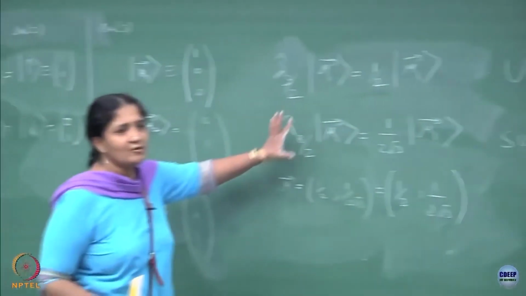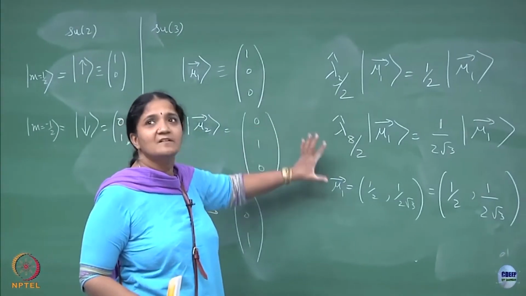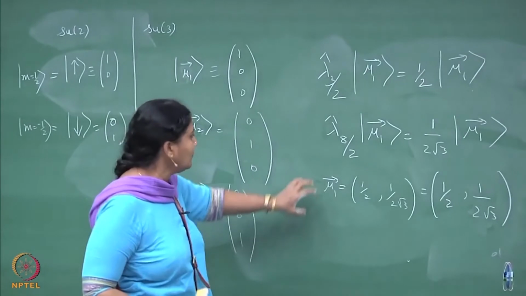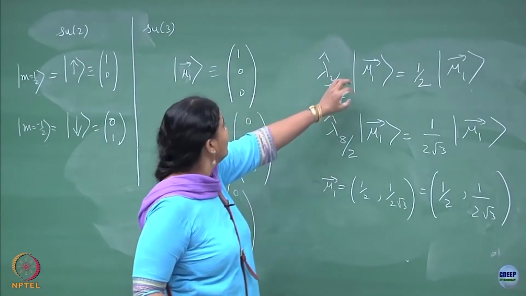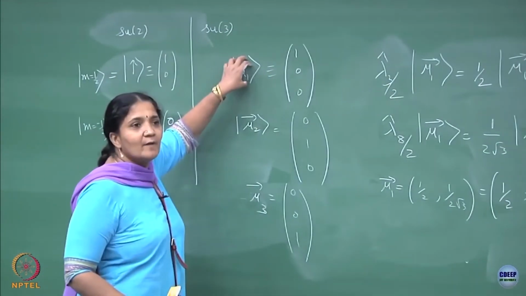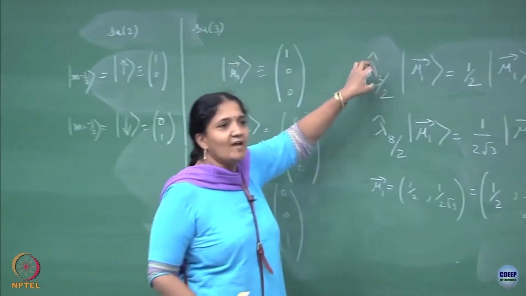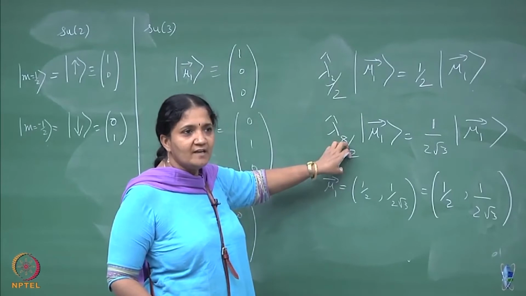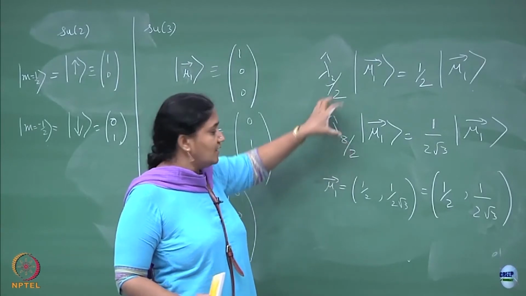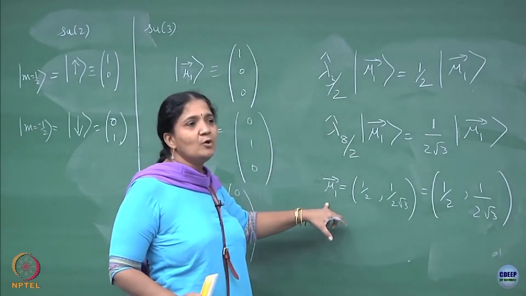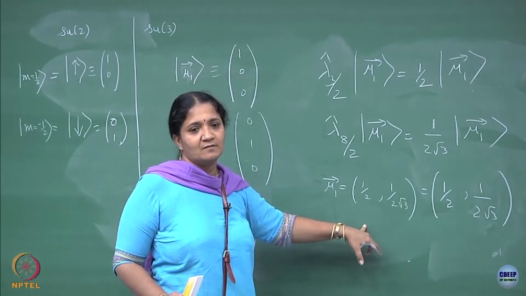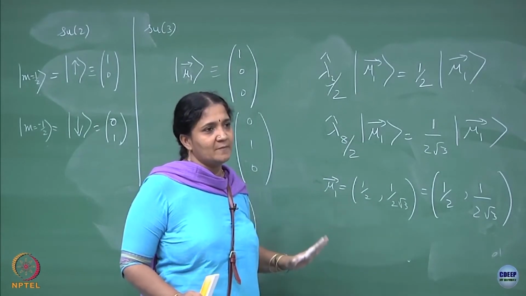But this is just a matter of normalization. We'll fix the normalization and we'll get going. What I am trying to give you is the fact that formally I am writing it as a weight vector. The explicit two components of the weight vector are the eigenvalues of lambda 3 and lambda 8 up to some normalization. If you use that, then you define your mu1 vector to be this. Okay, so this is all I am trying to do.